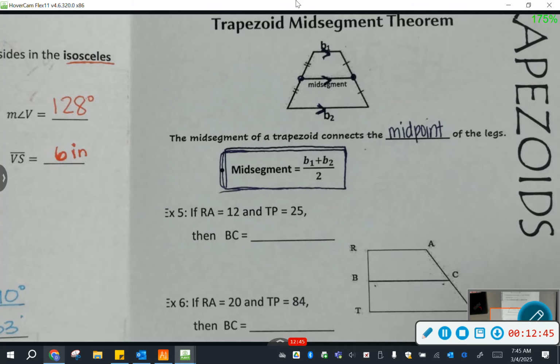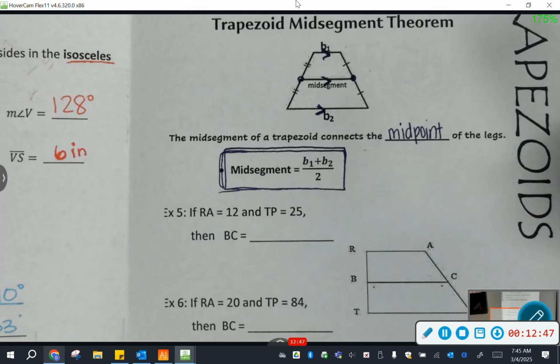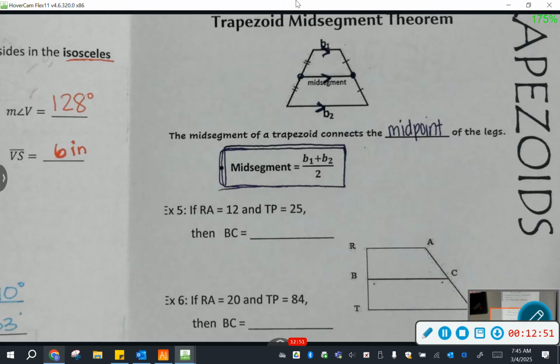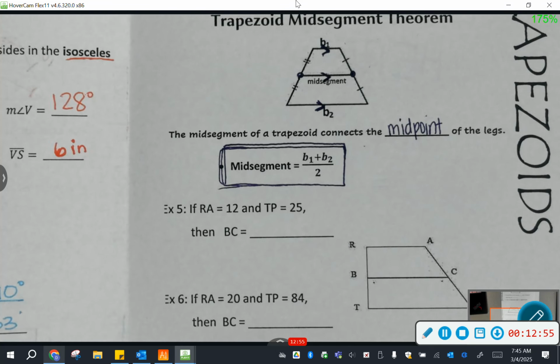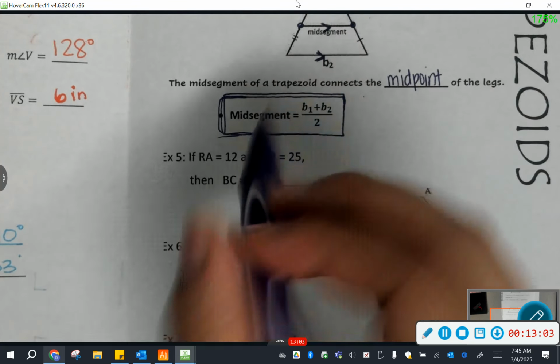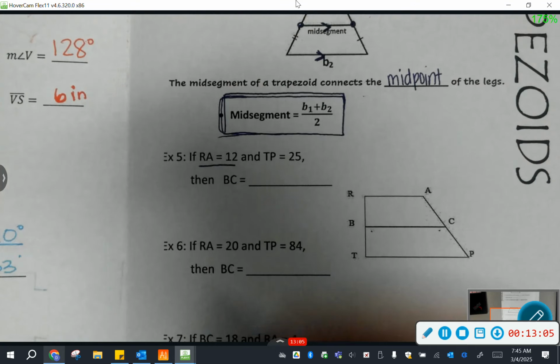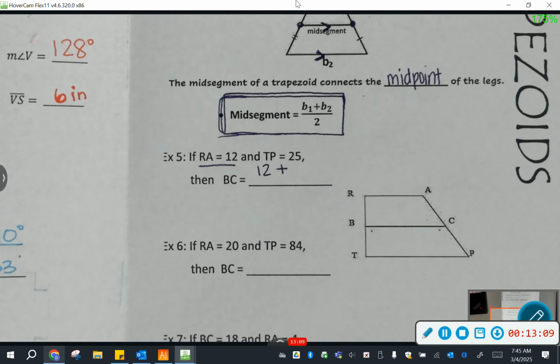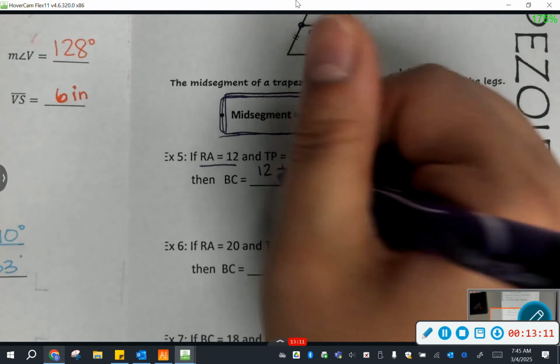So, for this one, I have RA is 12 and TP is 25. How do I find the mid-segment? What's your first base? The top, which is 12. Plus, what's your bottom? 25.